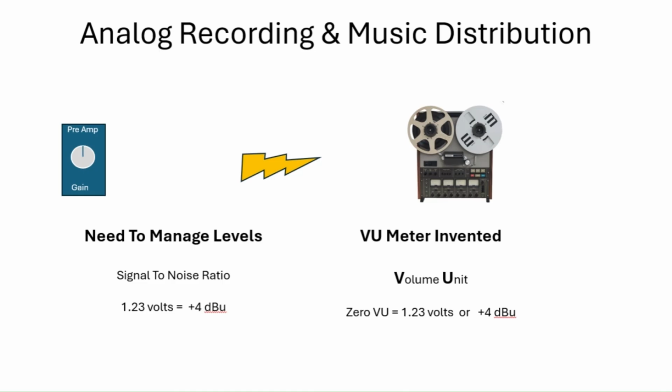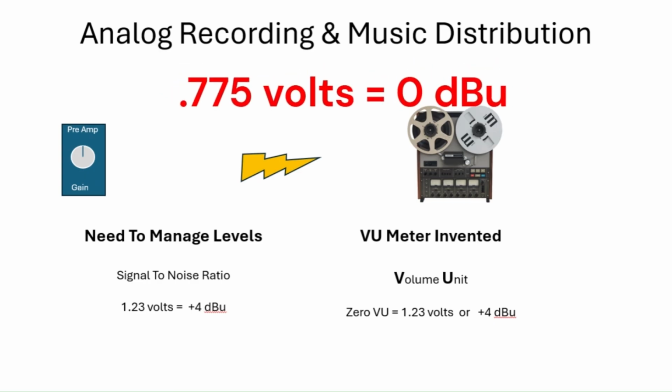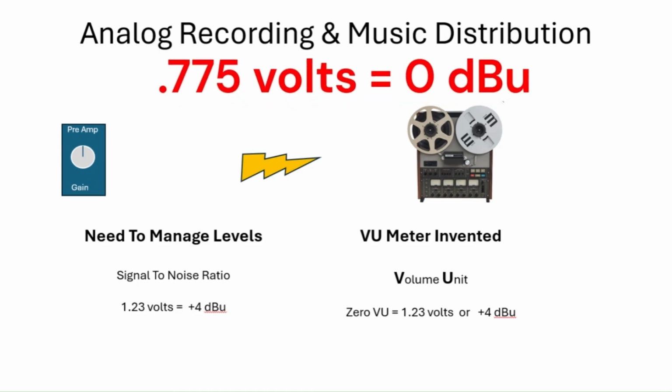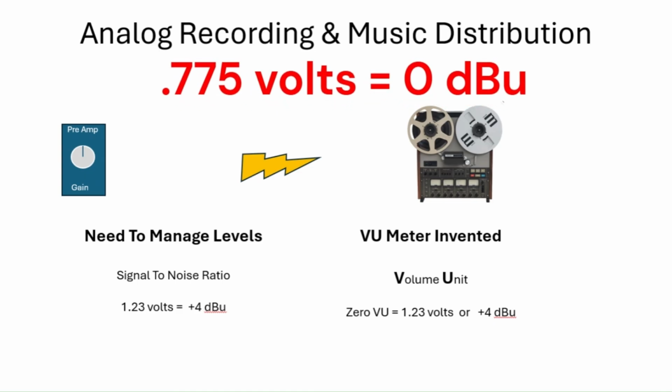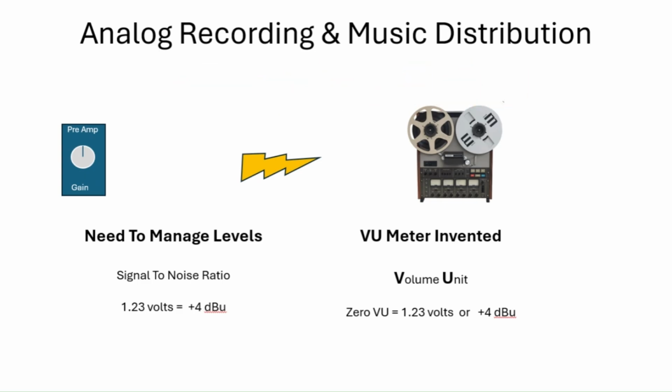Okay, so we need voltage flowing through this analog recording system, and the minimum amount required is 0.775 volts, which equals 0 dBu. Okay, that makes the system work. However, the recording engineers came to realize that that wasn't quite enough voltage to deliver a quality recording.